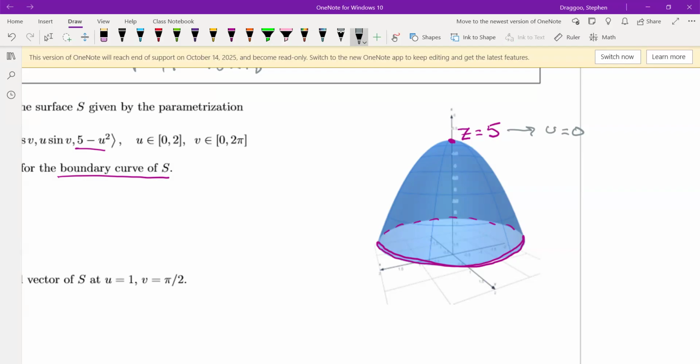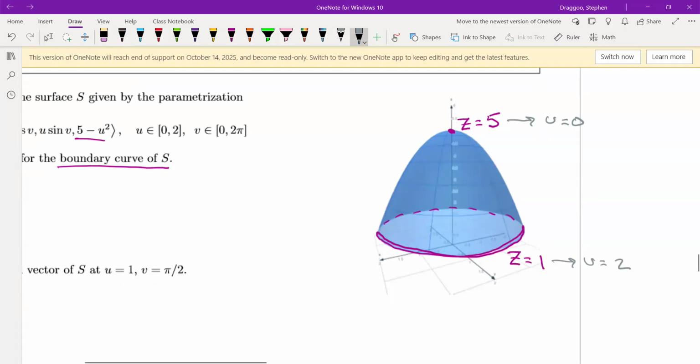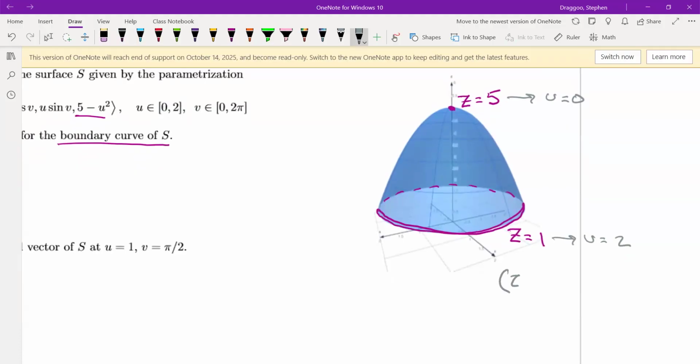Versus if I look at the boundary curve that's down at the bottom, which is at z equals 1, that's going to be at a u value of 2. Since I know that z, or the parametric equation for z, is equal to 5 minus u squared.